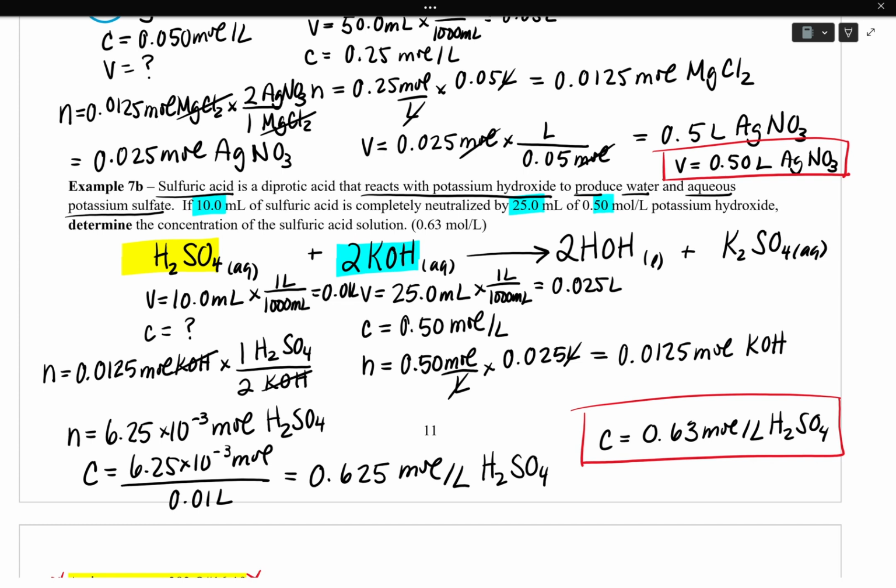Then you're going to solve for the number of moles for one of the reagents that you have enough information for, then use the mole ratio to solve for the number of moles of the other reagent, and then you're either solving for mass or solving for volume or maybe concentration.